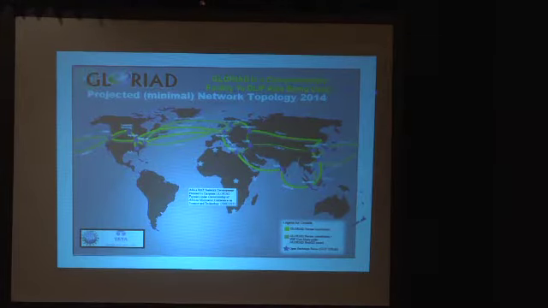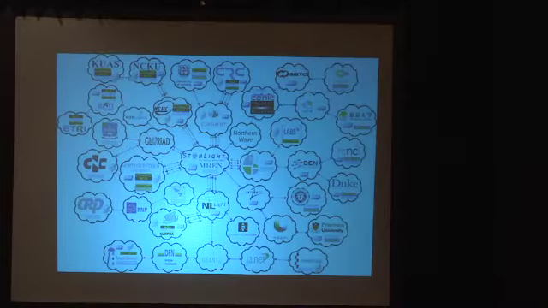I'd like to mention specifically also a partner in the GLIF is GLORIAD, which is a National Science Foundation funded project which is creating an international fabric, which also is very much a GENI supporter, and we're leveraging them.